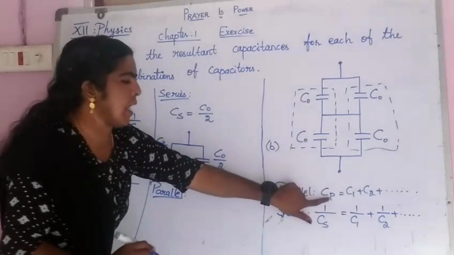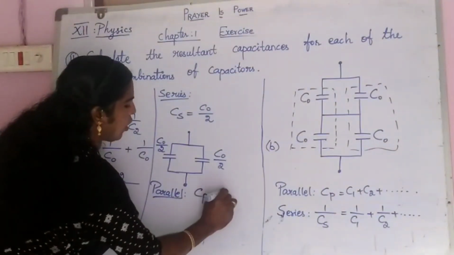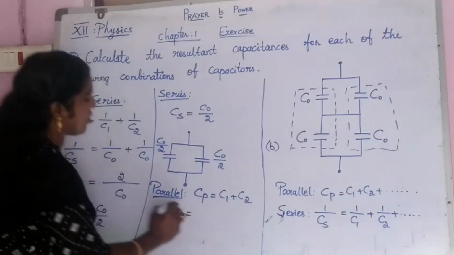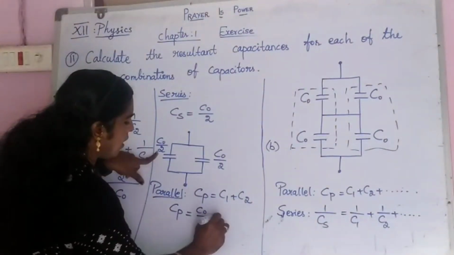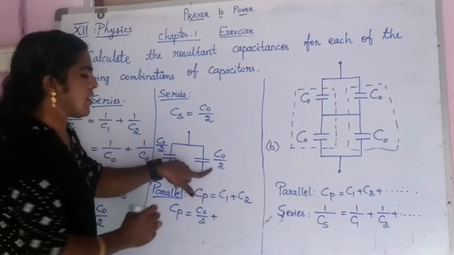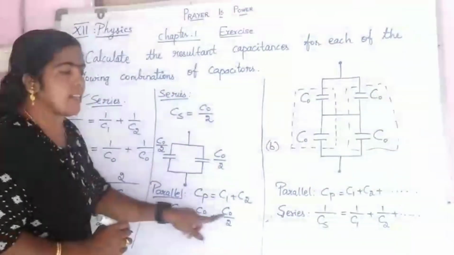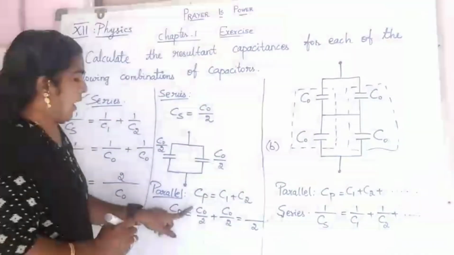The parallel formula is Cp equal to C1 plus C2. Cp is equal to C1 value C0 by 2 and C2 value C0 by 2. Here the denominators are the same, then add the numerators.